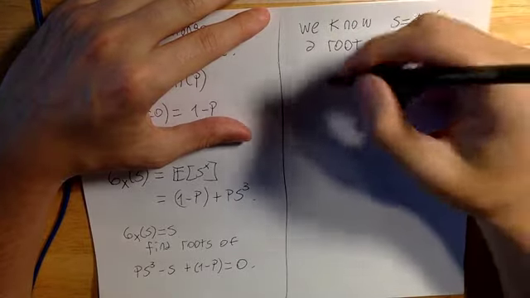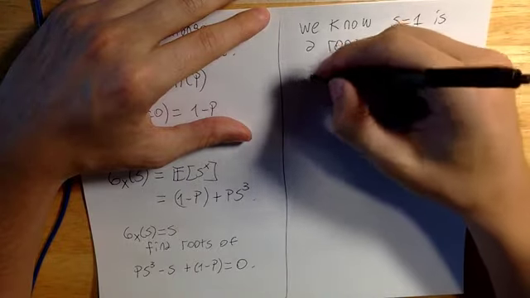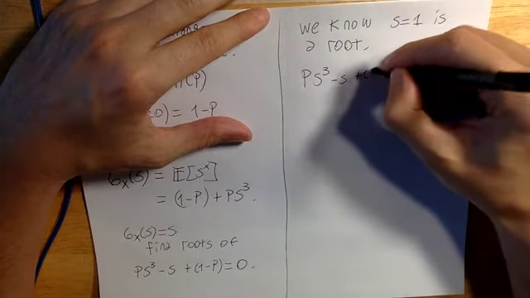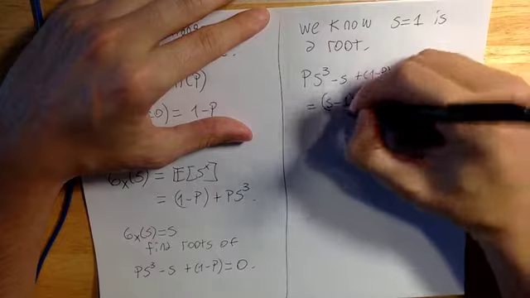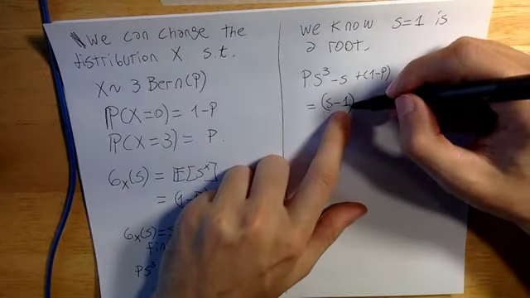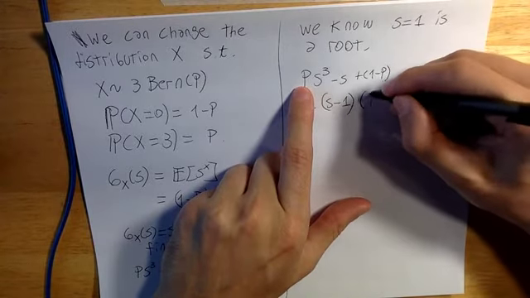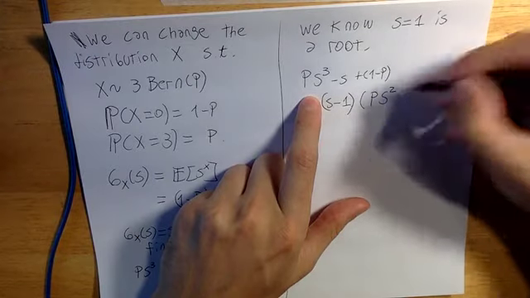So what we can actually try to do is decompose ps cubed minus s plus 1 minus p as s minus 1 times something. Now we need to divide this polynomial by s minus 1. In particular, the leading order term here has to be p times s squared.